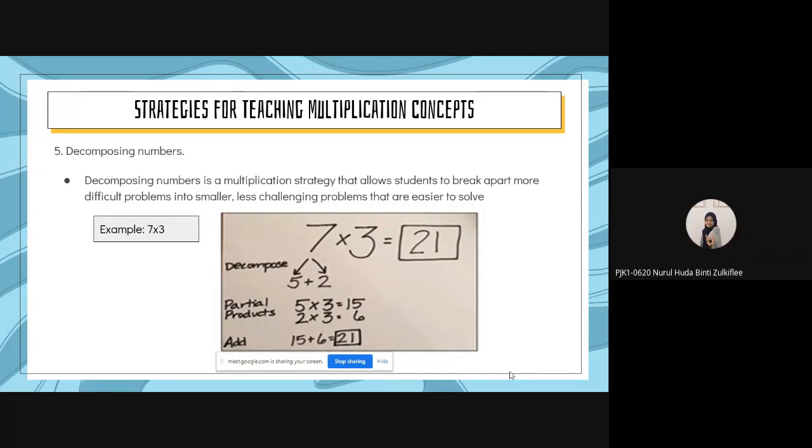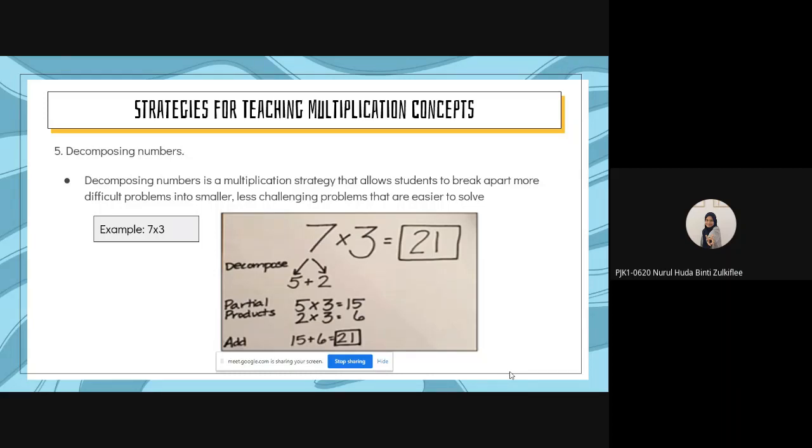Okay, I will continue. So the fifth strategy we can use in the multiplication concept is decomposing numbers. Decomposing numbers is a multiplication strategy that allows students to break apart more difficult problems into smaller, less challenging problems that are easy to solve. For example, you can see 7 multiplied by 3, and we can decompose 7 into 5 and 2.